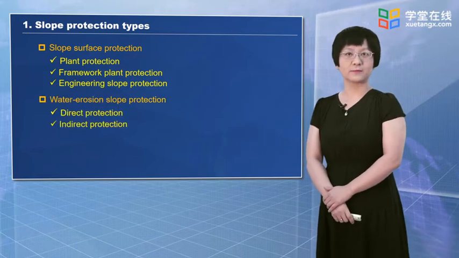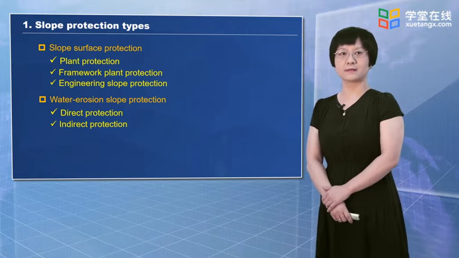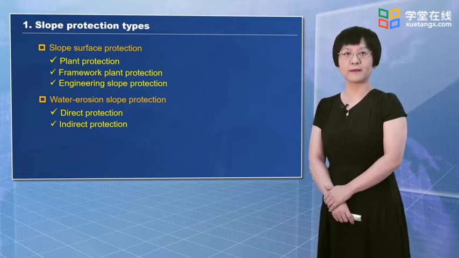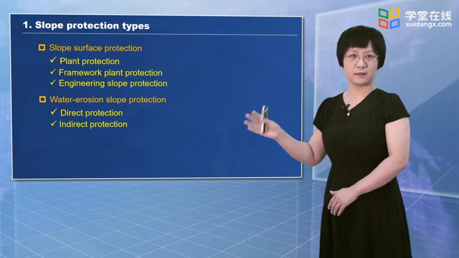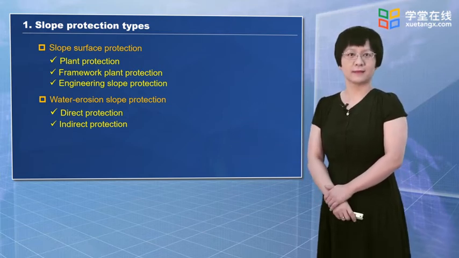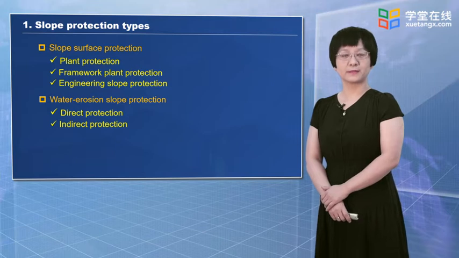When the subgrade is built along the river, water erosion should be seriously considered. The water erosion slope protection may include direct protection and indirect protection. Next, I will introduce the details.